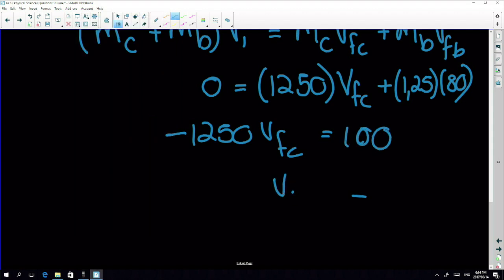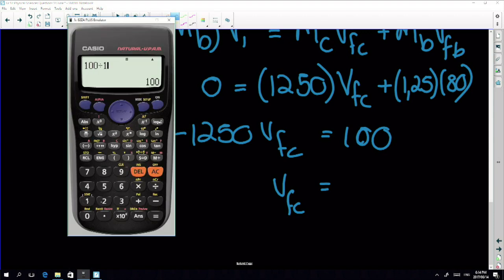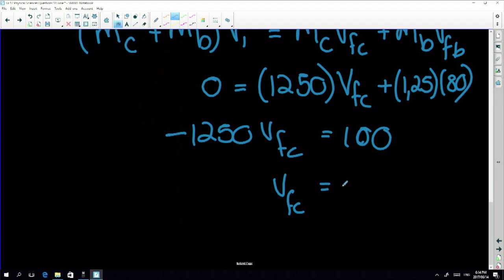So 100 divided by 1,250 gives me minus 0,08.